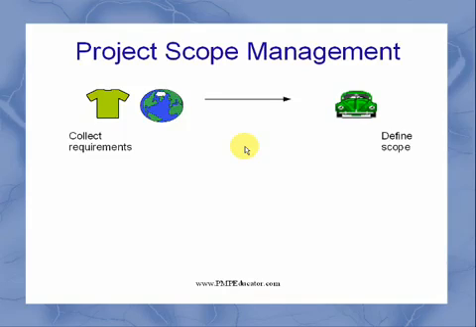When we are done with our scope definition, then we want to create a work breakdown structure. I will discuss that in more detail in the next slide. Basically, for your scope of making a green car, you have to break down all the work required to manufacture the car. So you have a hybrid car where gasoline and the battery are combined together to make a green car.